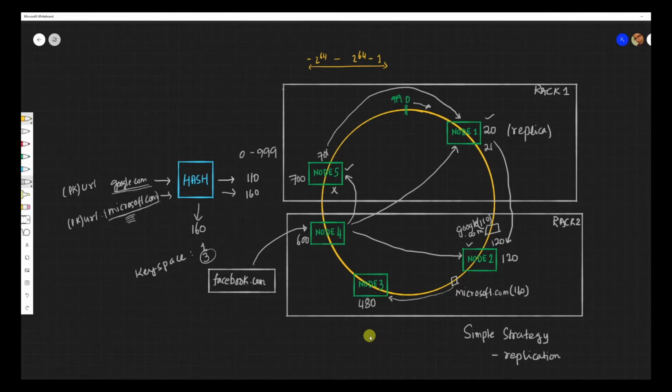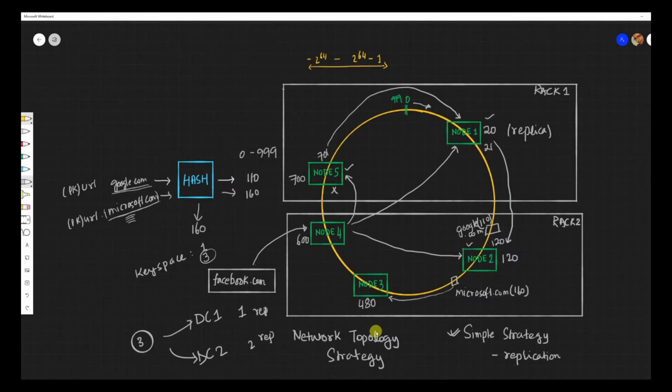We talked about a simple strategy, and I mentioned that day that we have something called a network topology strategy also. In this network topology strategy, I can specify that I want 3 copies of my replica, but you place the replicas in such a way that my data center 1 has 1 replica and my data center 2 has 2 replicas.